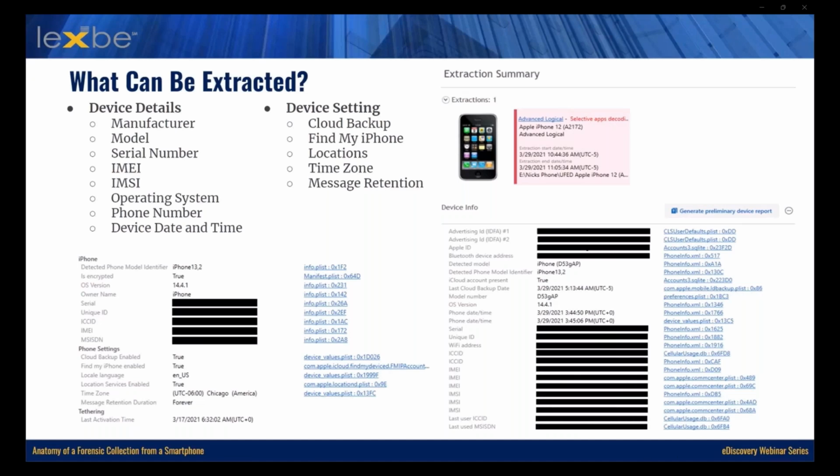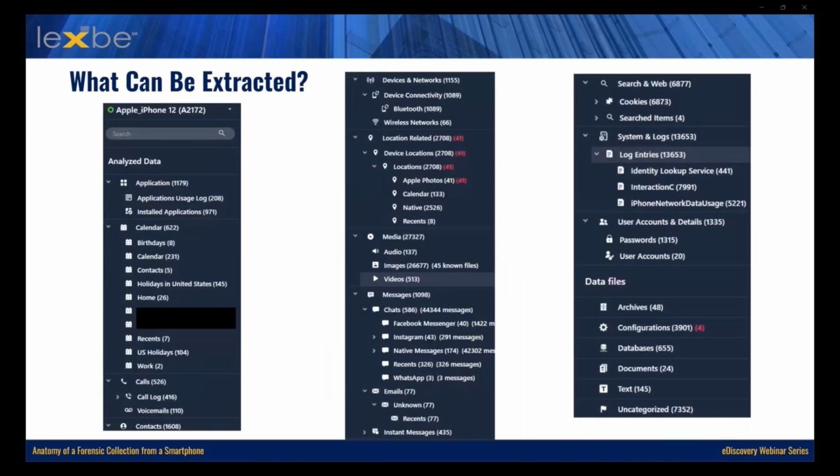And then when it comes to actual data that you can pull from the device, and looking at the applications that exist on your device, usage logs of those apps, if they exist, all the different calendars, your call logs, your voicemails, contacts. These screenshots are from Cellebrite of my phone. So I plugged in my phone.